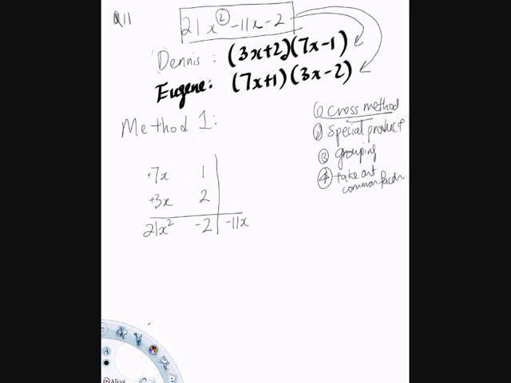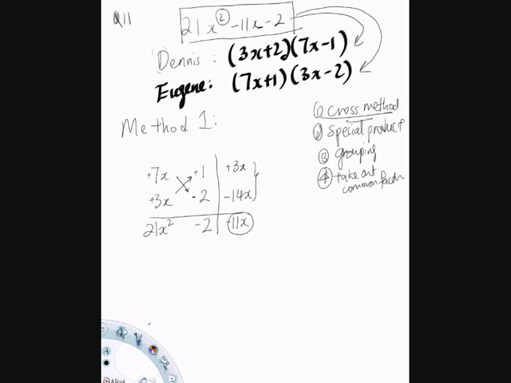After some trial and error, you will notice this is the combination that gives the correct answer. I cross multiply 3x by 1 to get positive 3x. I diagonal multiply 7x by minus 2 to get minus 14x. The sum of these two is minus 11x.